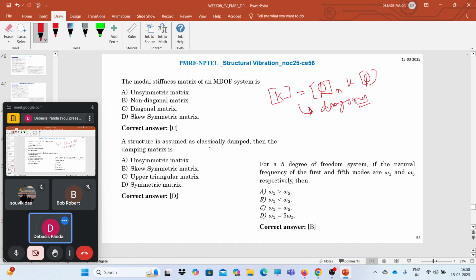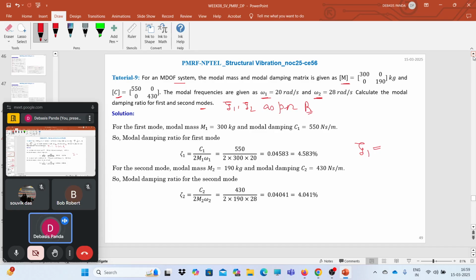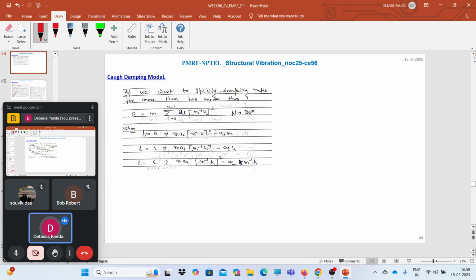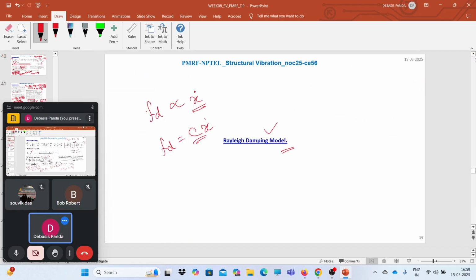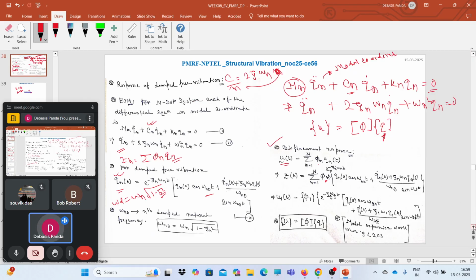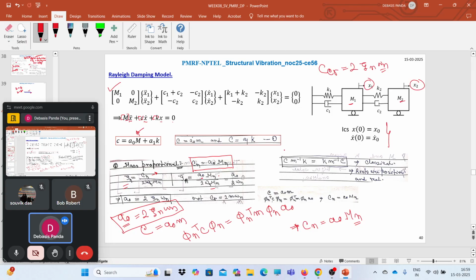Great. Now, a structure is assumed to be classically damped when the damping matrix is a symmetric matrix. For the Rayleigh damping, when can we use the Rayleigh damping model? Very important thing, I will quickly tell you. We can only use this model when C M inverse K is equal to K inverse C. The system must satisfy this property.